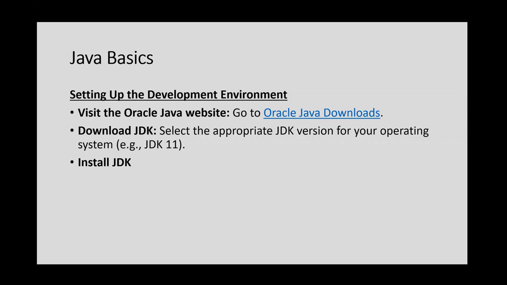The JDK version also matters. Here the example given is JDK 11, but the latest version is Java 23. There is something called the LTS version, which is long term support.